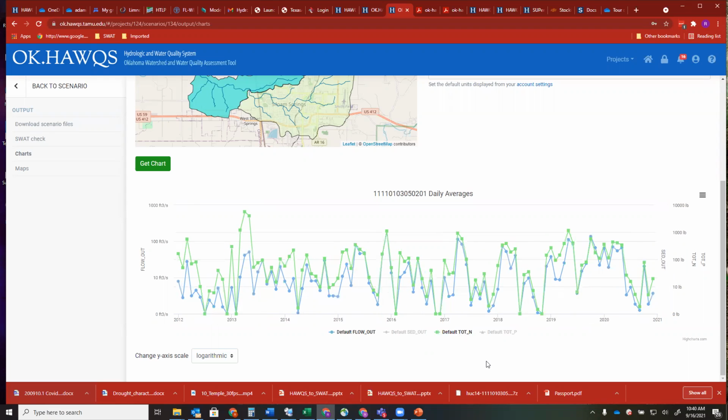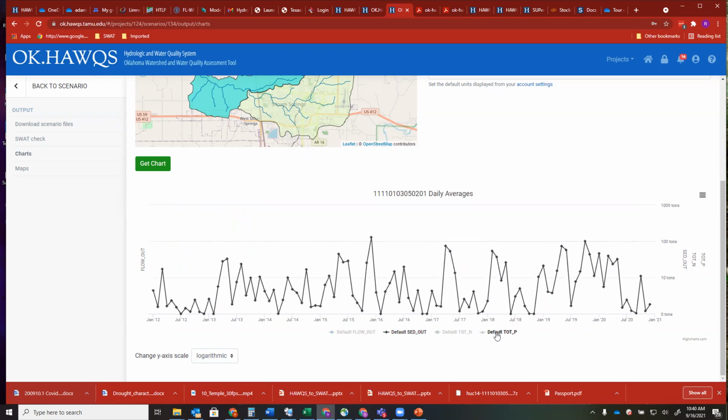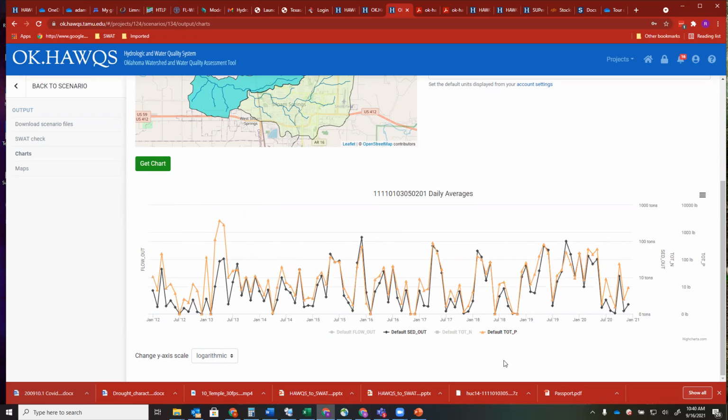You want to look at flow and nitrogen, for example. Or you want to look at sediment and phosphorus. So you can look at sediment and phosphorus. Hope you get the hang of this stuff.